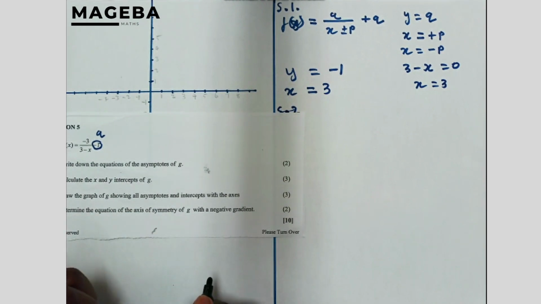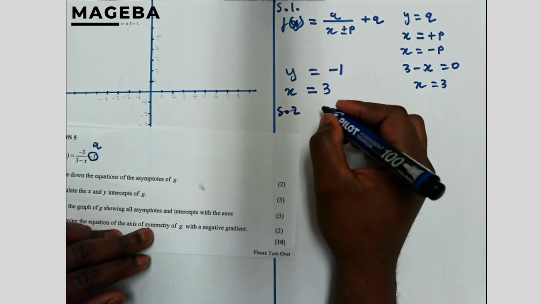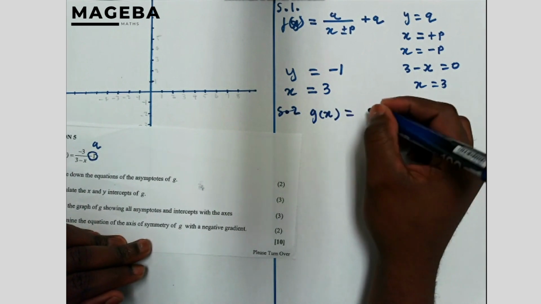Okay, now 5.2, write down the x-intercept and the y-intercept.